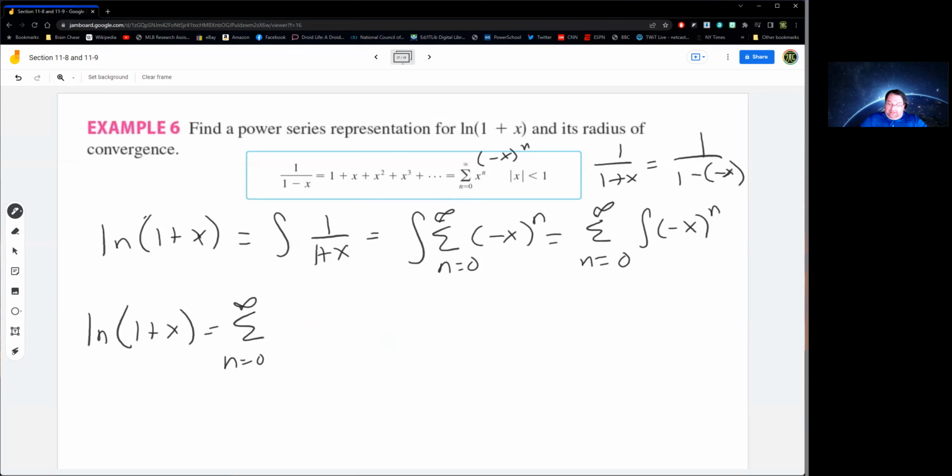I get -1 to the n times x to the n minus 1 over n minus 1. That's better.